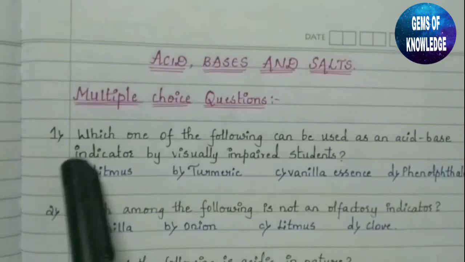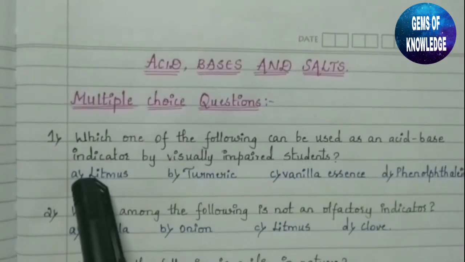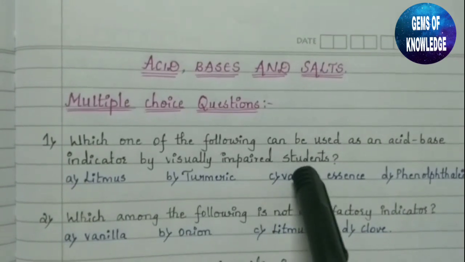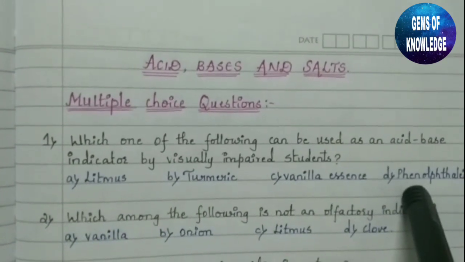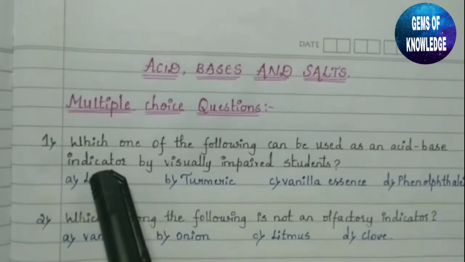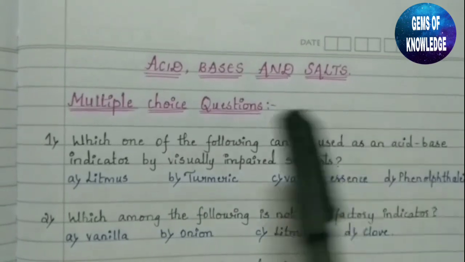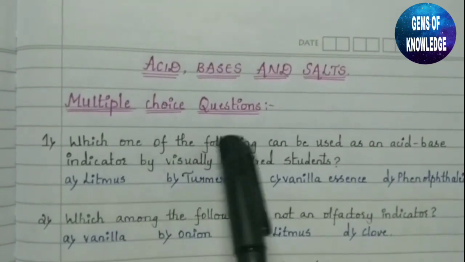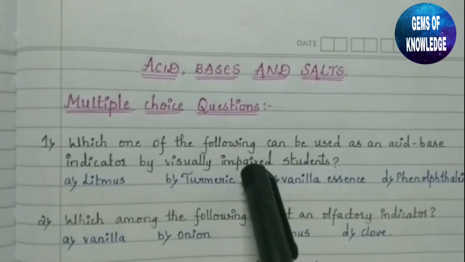So the first one is, which one of the following can be used as an acid base indicator by visually impaired students? So all these are acid base indicators, but the condition is, which among the following can be used by visually impaired students?